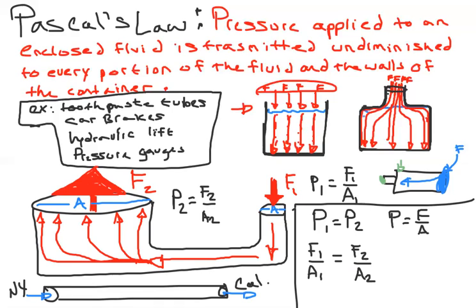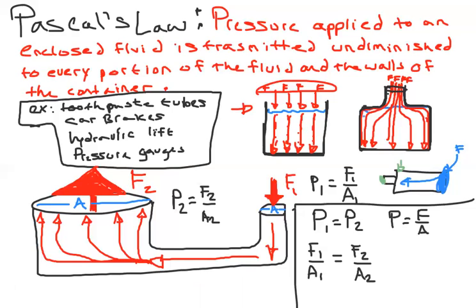And it's also how hydraulic lifts work. We can use this idea to increase force and build systems that help us utilize small forces, because of the ratio when pressures are equal.